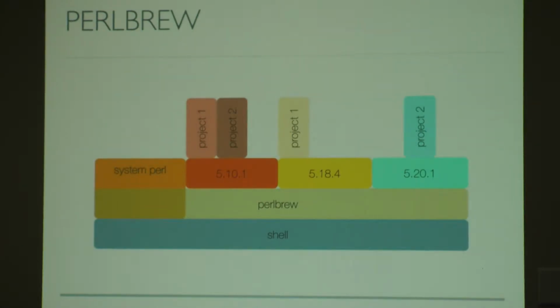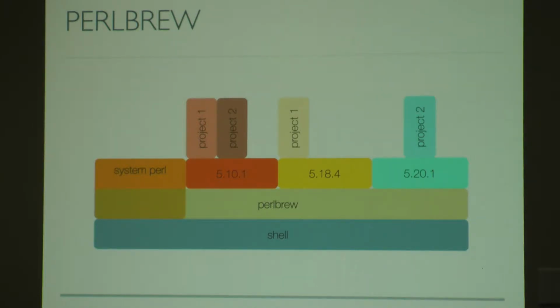So you have your shell, and perlbrew is this layer that fits in between your shell and the perls that you'll use. You can type perlbrew off, and you get your system Perl back if you need it for whatever reason. Perlbrew switch actually sets something inside a sourced shell file, so that the next time you log in, or anyone else logs in, that will be the current perlbrew environment.